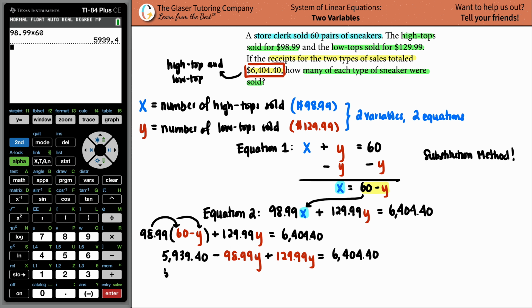So this would be 5,939.40. And now it seems like we're just going to subtract that. So 129.99 minus 98.99. Right? Yeah. Okay. So that's 31. So that's a plus 31. And now you only got the 1y.